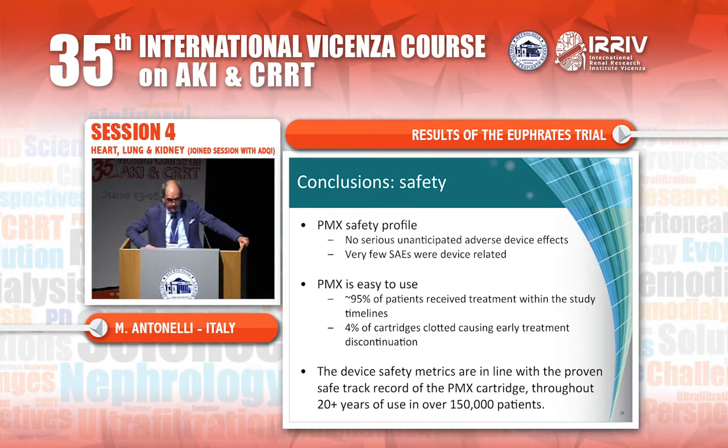Which are the conclusions? First, the safety. The safety profile showed that there was no serious unanticipated adverse event, and very few of these events were related to the device, mostly the clotting, but obviously these were not real serious adverse events. And polymyxin is easy to use.